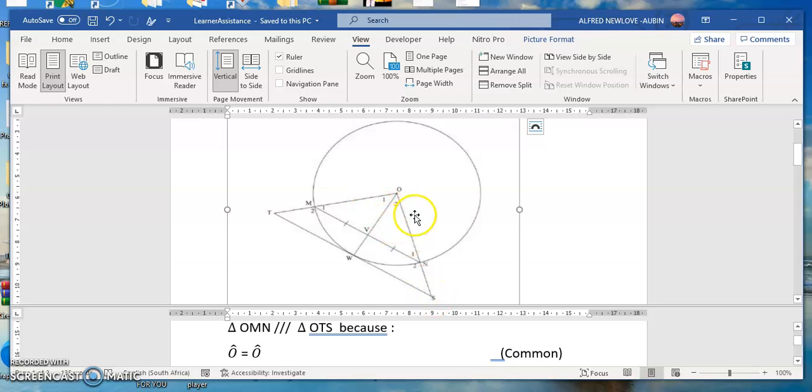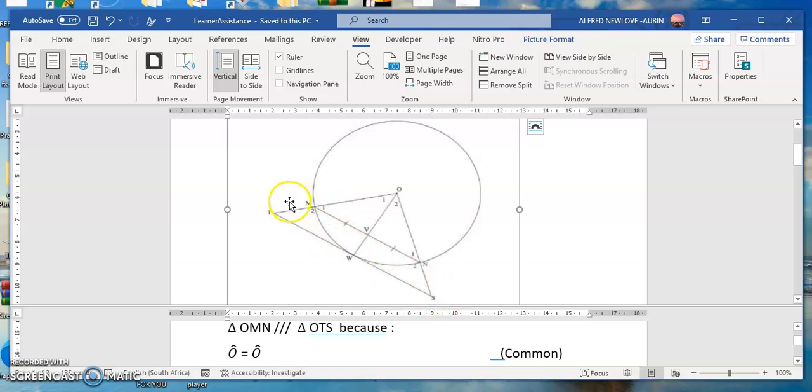So they are equal, it's common. Then in the previous question we proved that this line MN is parallel to TS.